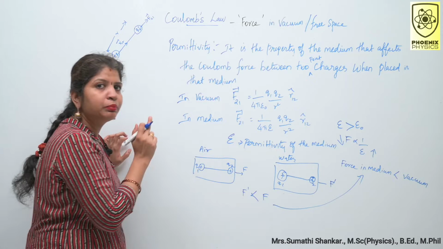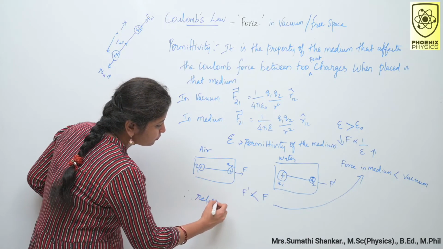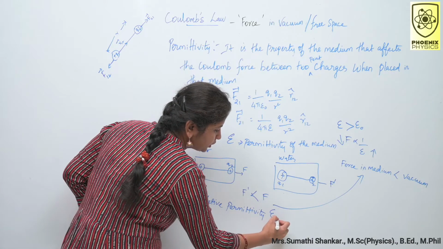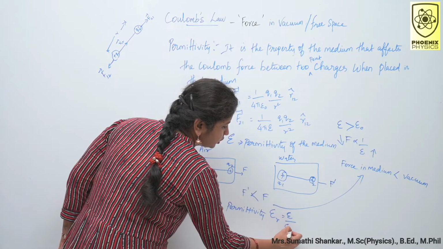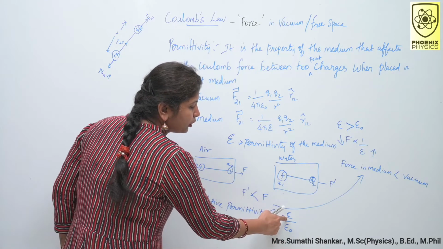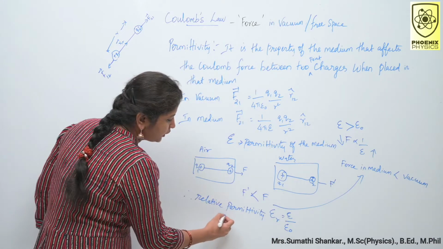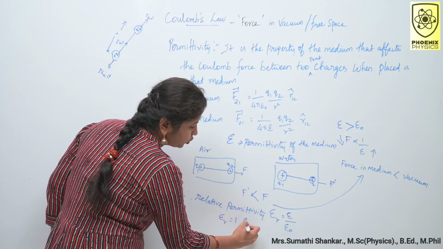This is called permittivity. How do you calculate relative permittivity? Relative permittivity is denoted by the letter epsilon r, which is equal to epsilon by epsilon naught. That is, permittivity in a medium divided by permittivity in free space. The epsilon r value is equal to 1 for vacuum.